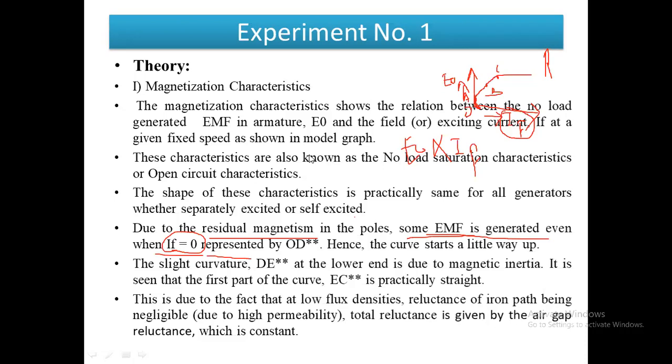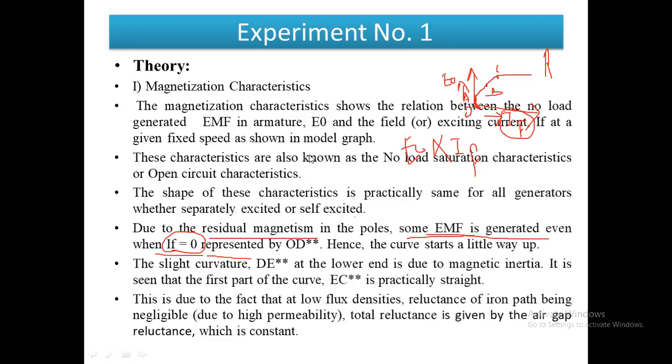This is due to the fact that at low flux density, the reluctance of the iron path is negligible due to high permeability, and the total reluctance is given by the air gap reluctance, which is constant. So the reluctance in the iron path is negligible.